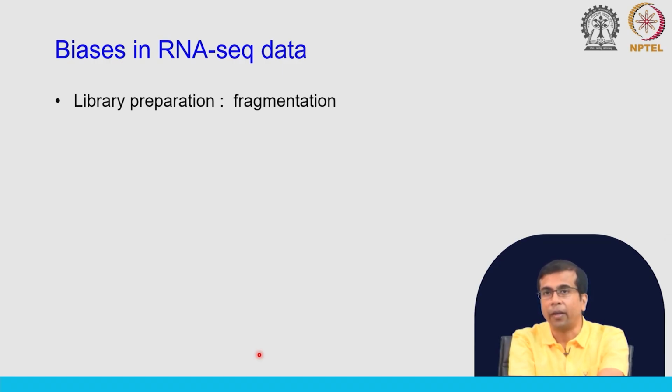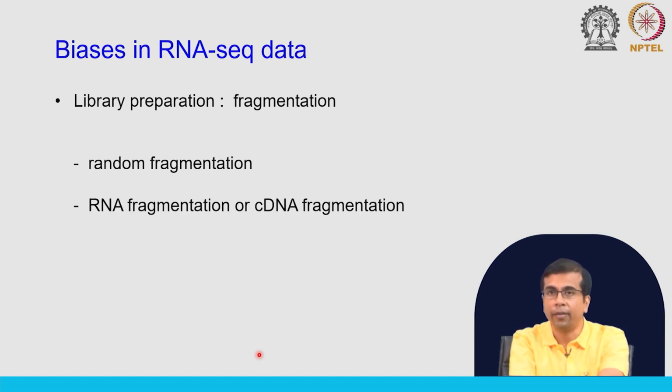So, let us talk about the fragmentation, how it can actually affect the RNA-seq data. We usually have random fragmentation, right. This can happen at any place in the transcript, and you can do the fragmentation either at the RNA level, or you can do the fragmentation at the cDNA level.